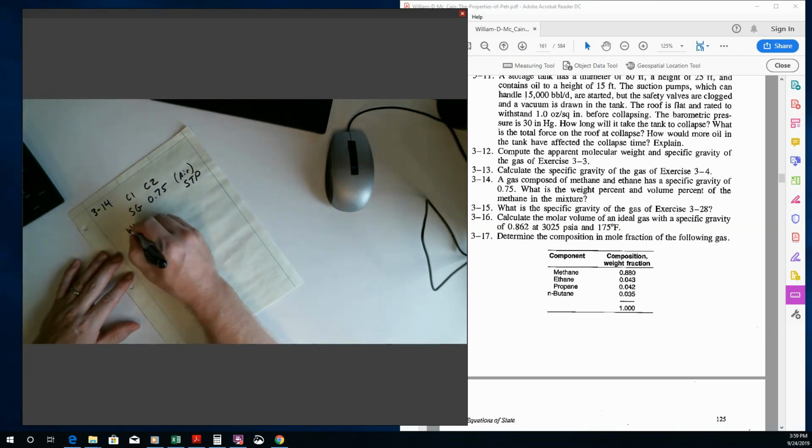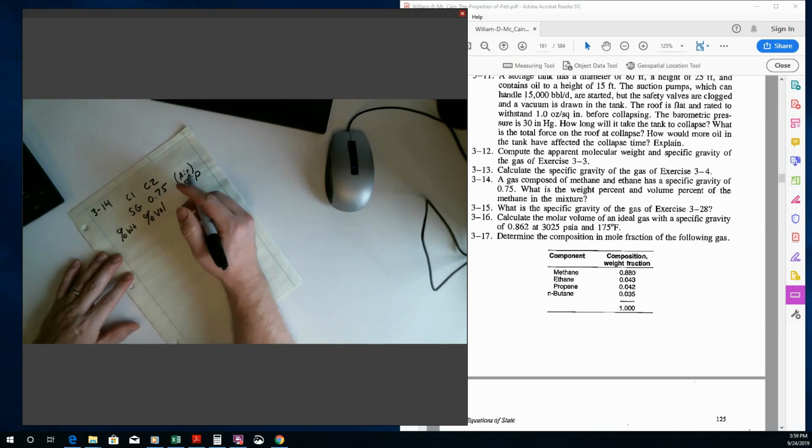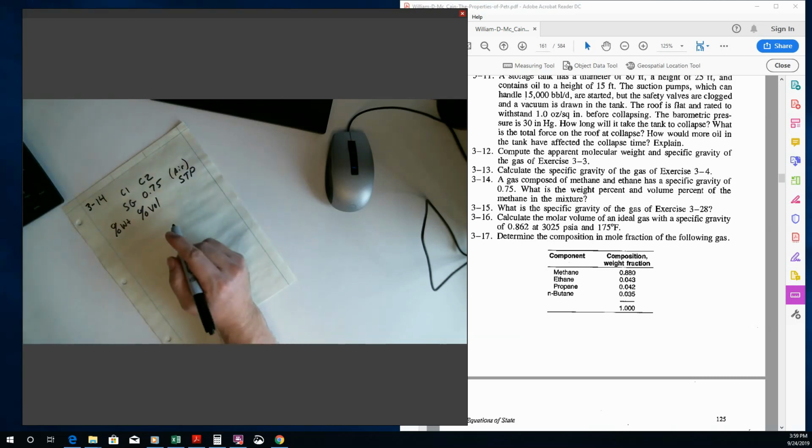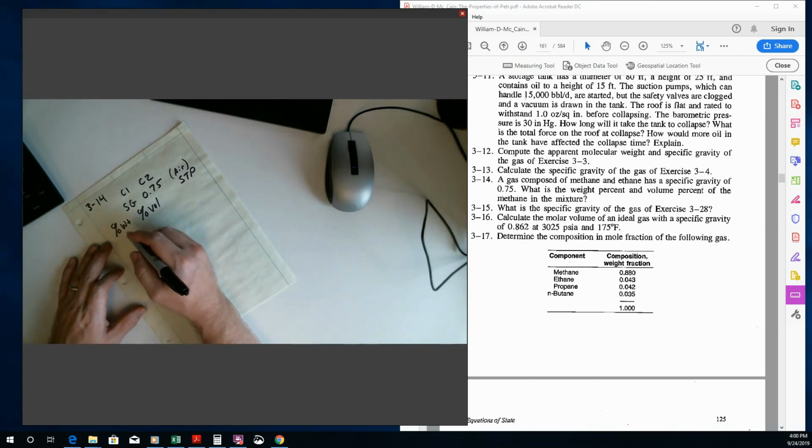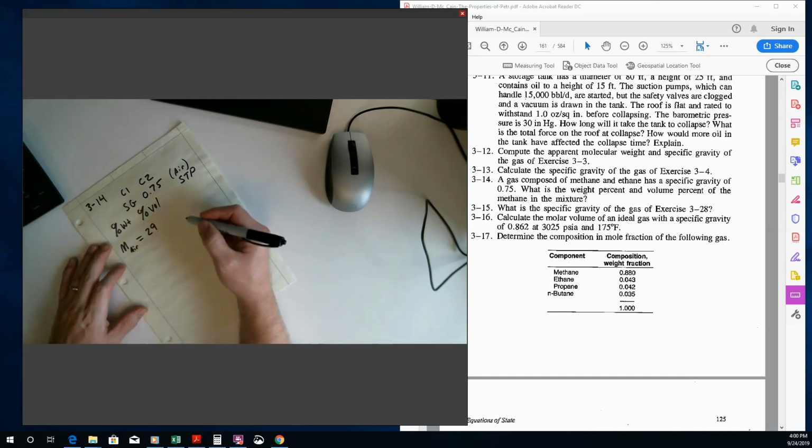So percent weight, percent volume. Step one, we need to set up this calculation. We know the specific gravity is based off of the weight of air at standard temperature and pressure. If you go into the appendix, you'll find the molecular weight of air to be 29.